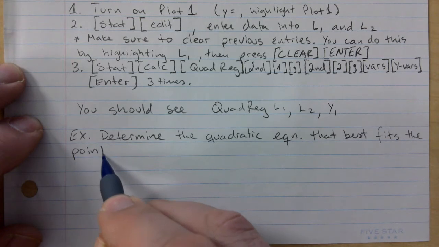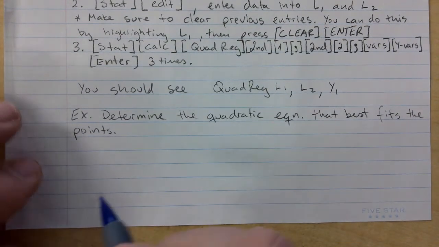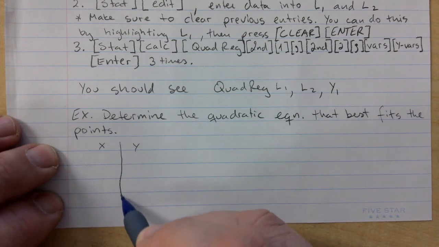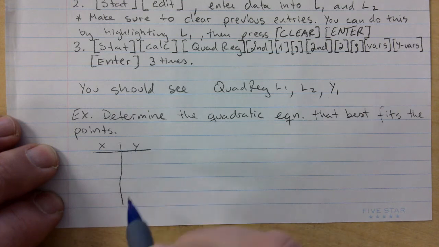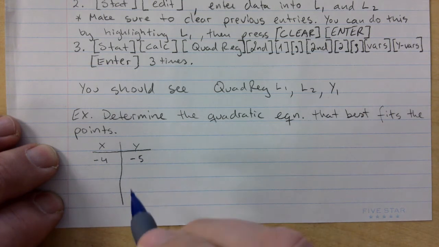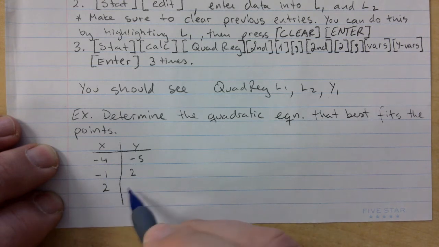It's also the line of best fit, okay? We're going to have x, y, make a table like this. -4, -5, -1, 2, 2, 1.